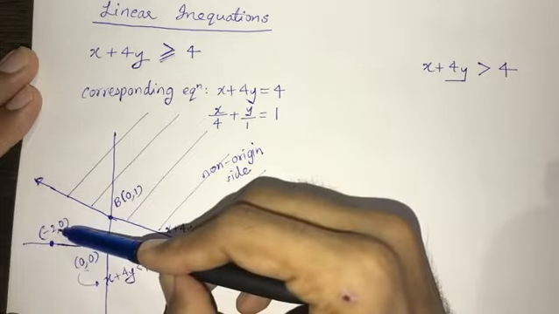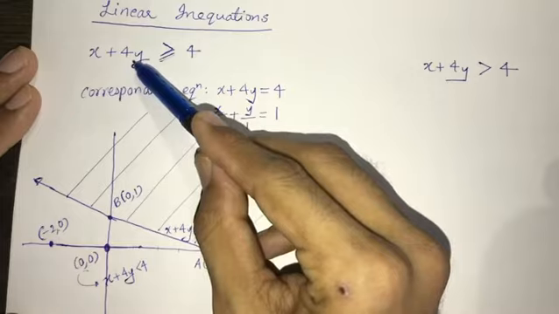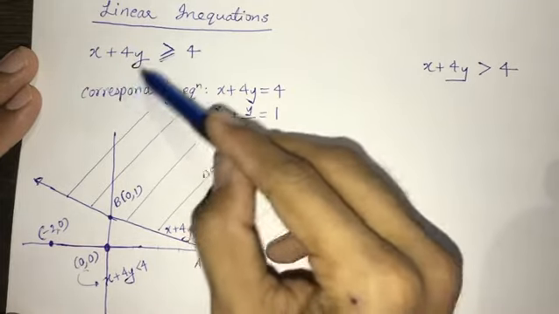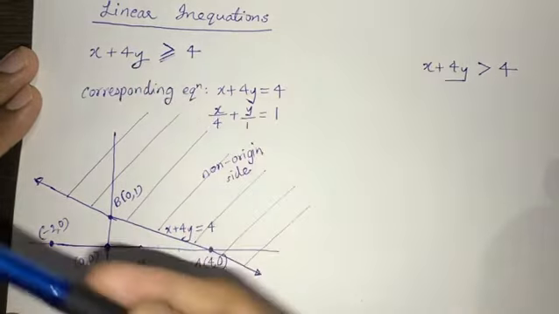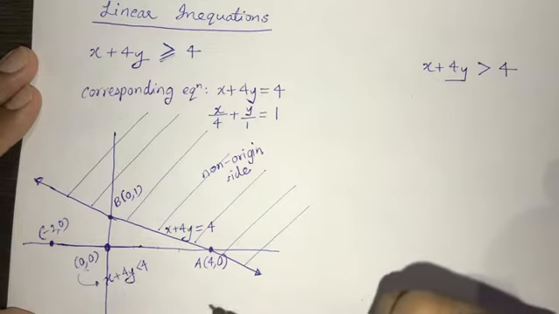If you put minus 2 comma 0 here, you get minus 2 plus 0, which is minus 2. Minus 2 greater than 4 is false. Therefore, minus 2 is less than 4. It satisfies x plus 4y less than 4. So that's why I have not shaded that region.